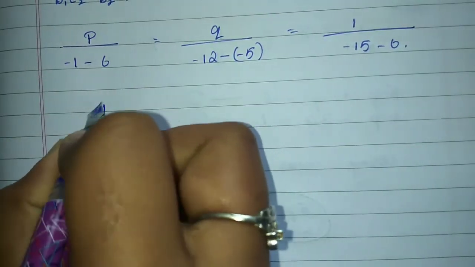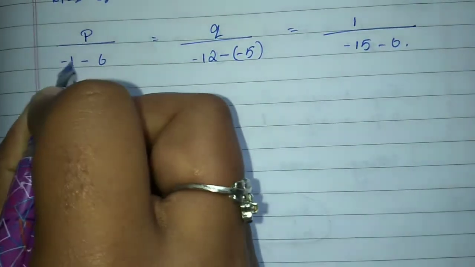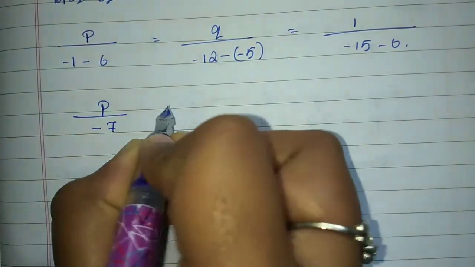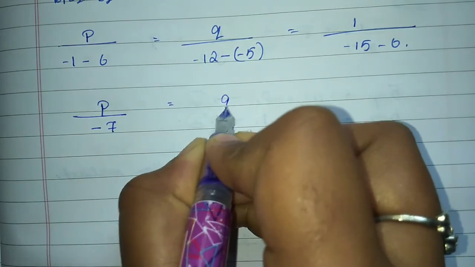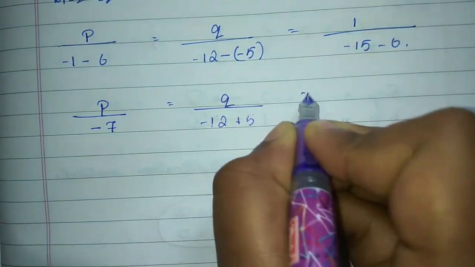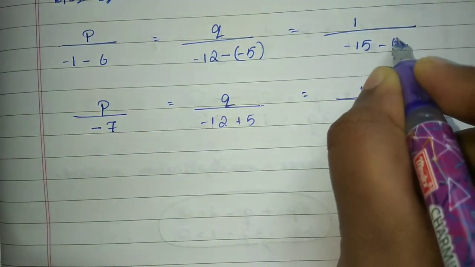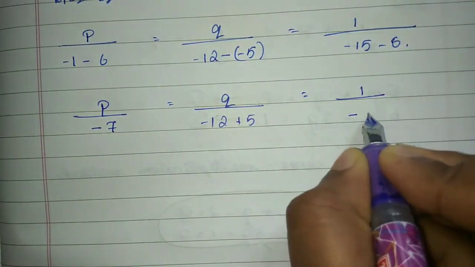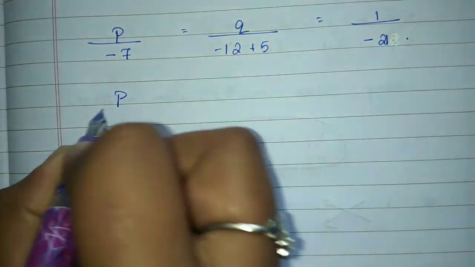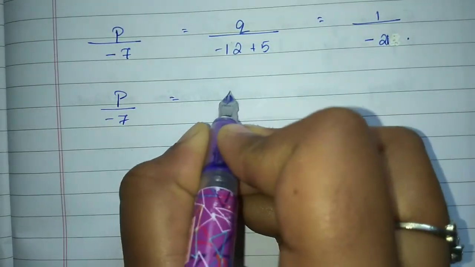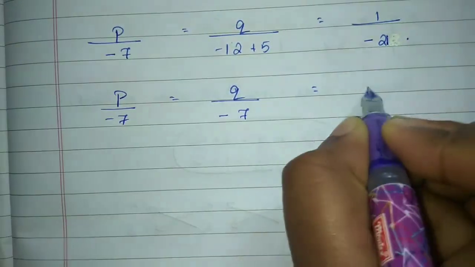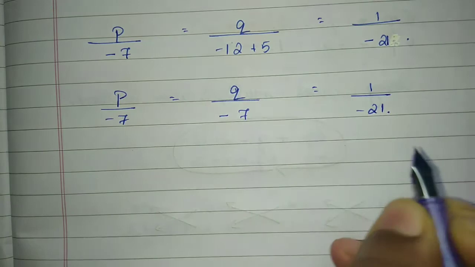So p by minus 7 is equal to q by minus 7 is equal to 1 by minus 21.